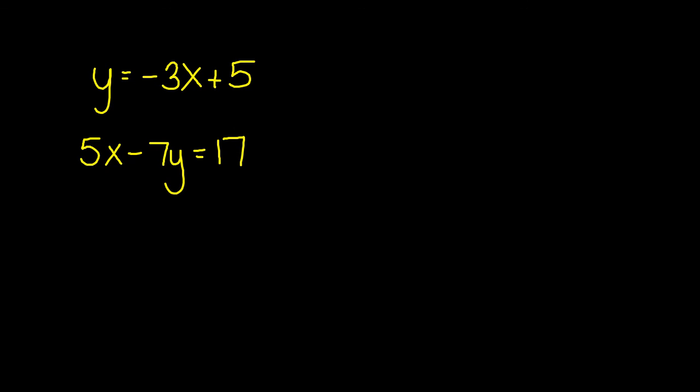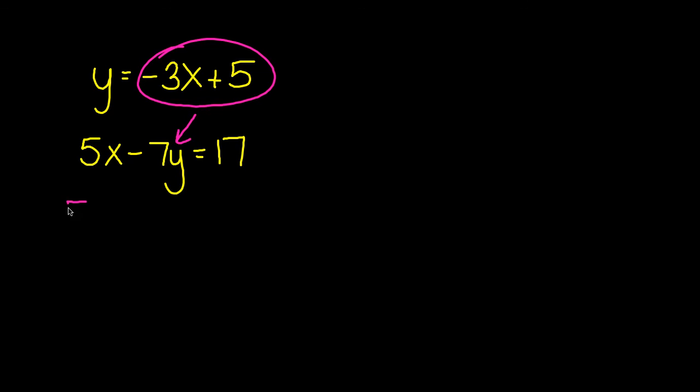Let's go with that. Cool. So let's go looking for that solution. So my first step is to do the substitution, like we've been talking about. And to do that substitution, I'm going to take what y is equal to, which is this thing, and I'm going to plug it in for y.